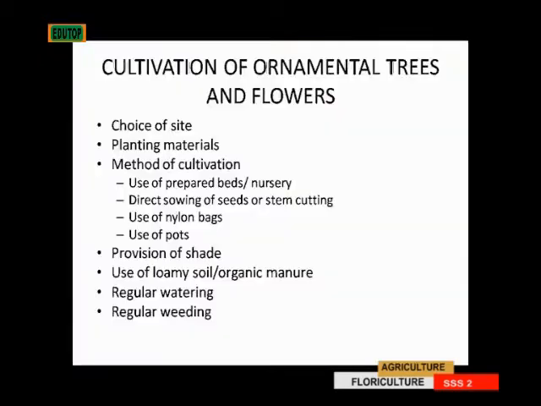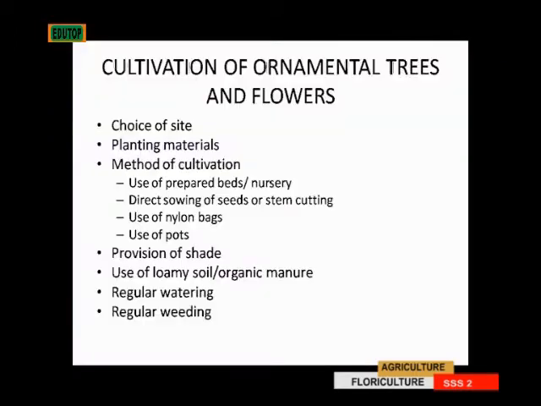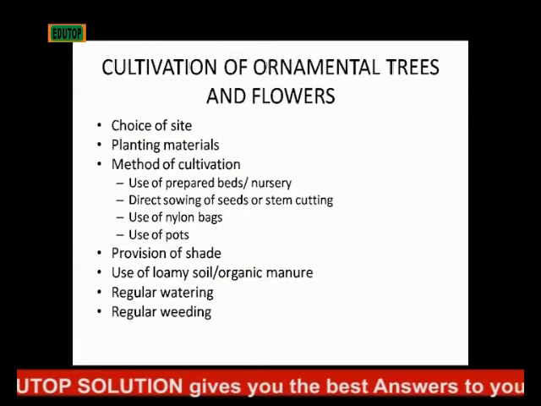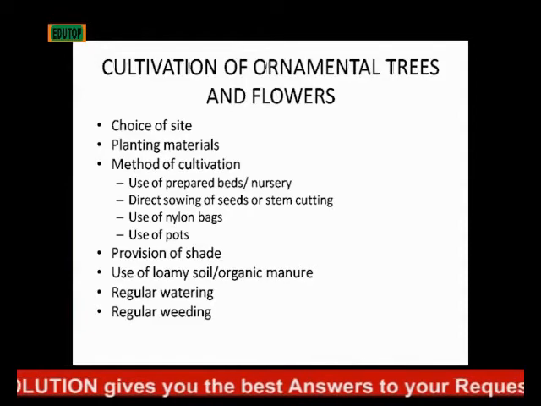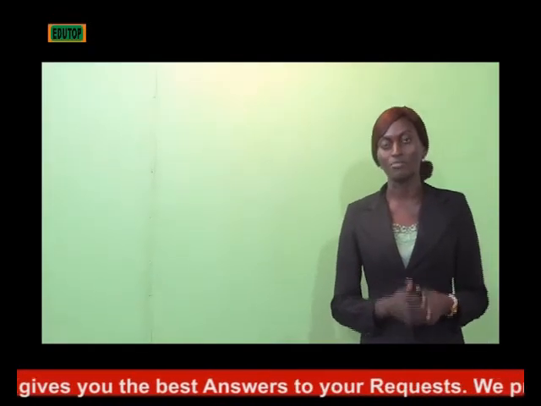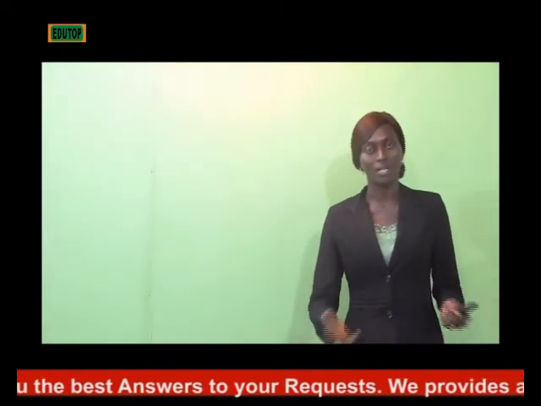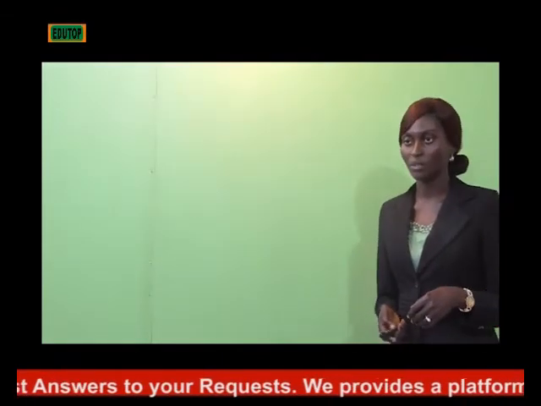Then you use loamy soil or organic manure so that it will grow fast. Then regular watering. That's one thing flowers need, especially when they are still in their very tender stages. So you have to water it every morning and probably evening. Then regular weeding, so they don't compete with your plants. Weeds are very stubborn, so you have to keep removing them so that your flower will germinate.